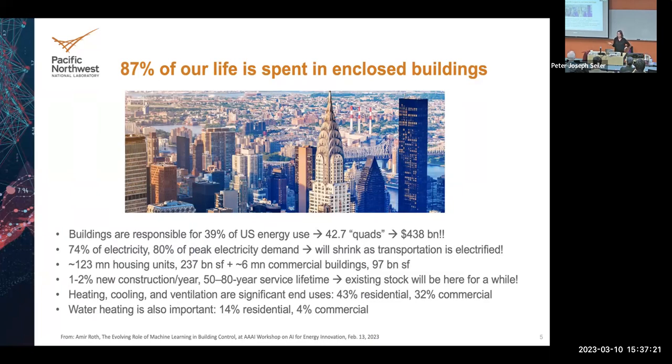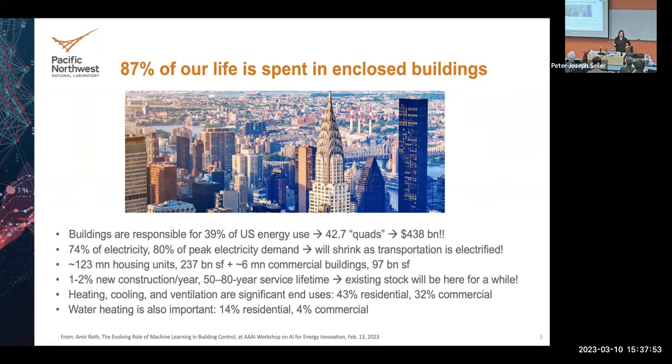And I've been doing so for these particular reasons. Buildings use about 40% of the US energy. This amounts to a tremendous amount of energy and it's a very large number when you think about cost of electricity. They use 74% of electricity and they contribute to the peak electricity demand. And when we say buildings, we mean two different types of buildings.